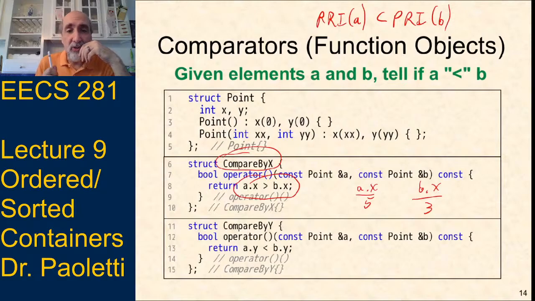When this functor returned true to a priority queue, it would be saying it is true that A has a lower priority. Therefore, the priority queue would put B closer to the top. So this shows that small x has highest priority.